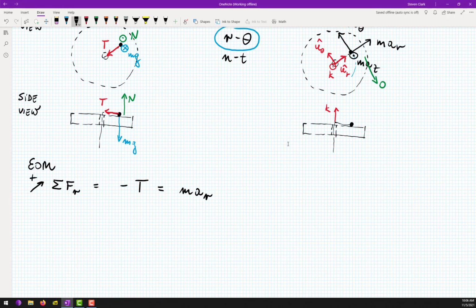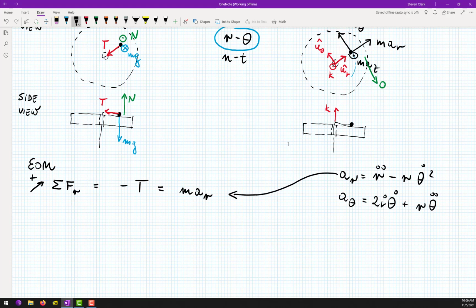And just to remind you, a_r was, if I remember correctly, r double dot minus r theta dot squared, and a_theta was this expression plus this expression. Okay, so in order to find T, I must plug this in here. But I think we can simplify it actually.